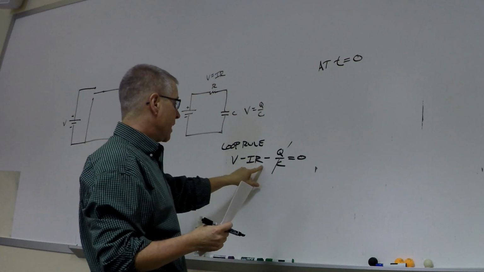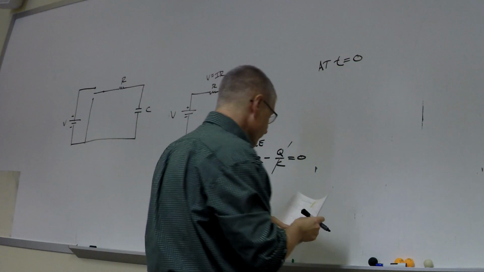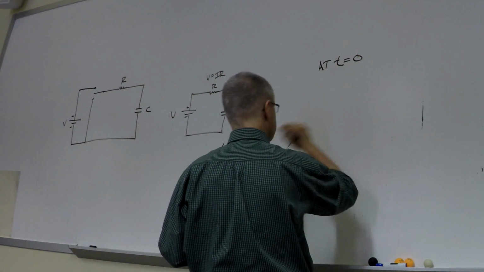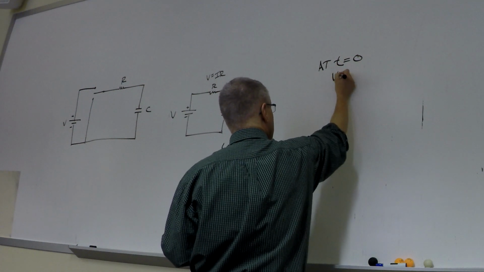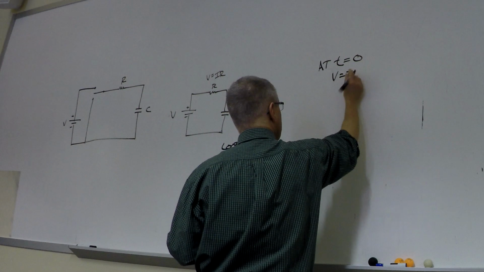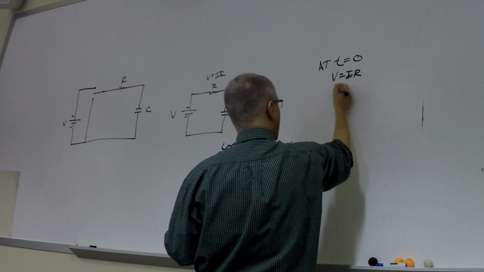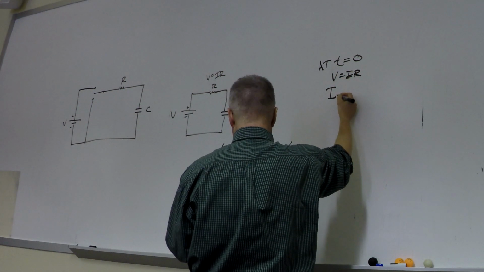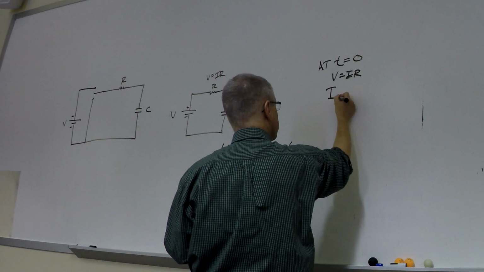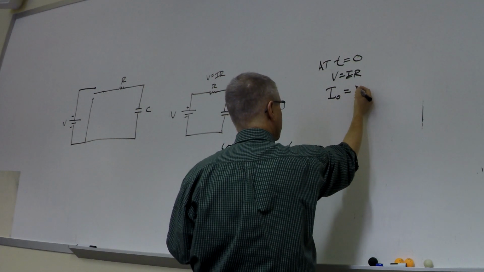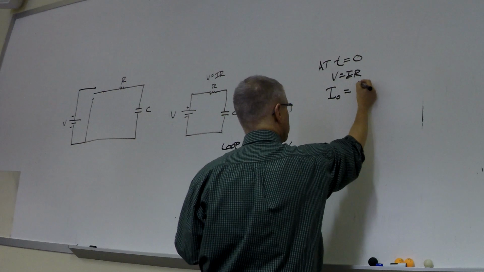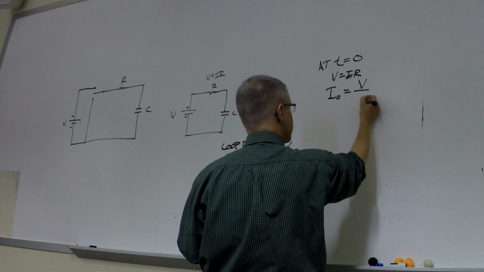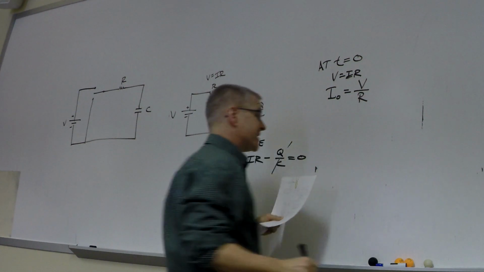And notice what we have left, if I solve for this: my initial current in this circuit is going to be the voltage across that battery divided by the resistance of the resistor in this circuit.